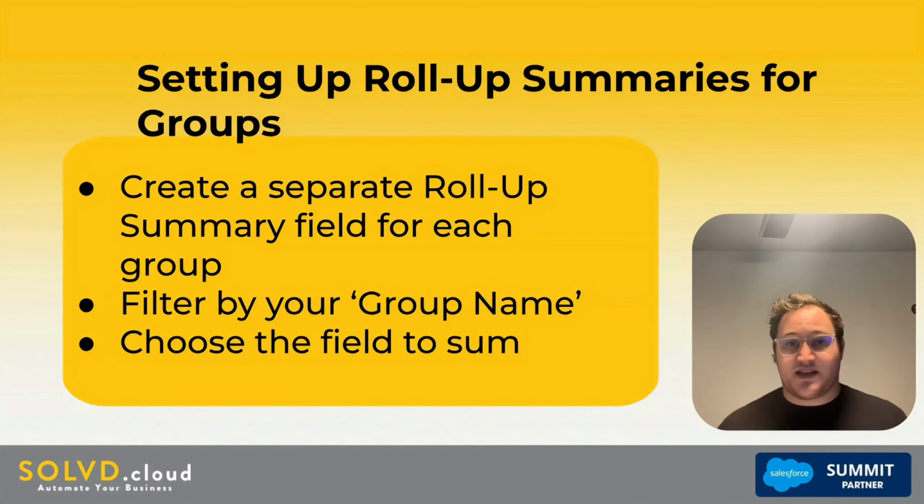We could roll up the sales price or the list price, whatever our use case is. What is very important to remember, this is where if we use our custom field that we specify on the quote line, the different groups, we'll be able to use that as a filter in our roll-up summary fields so that the totals correctly reflect each group.